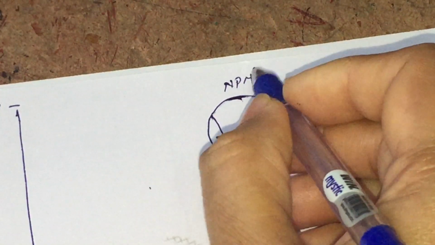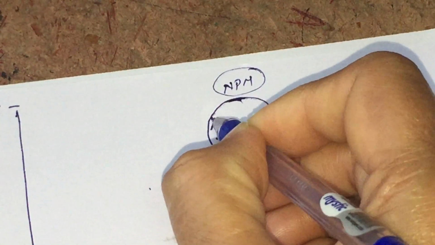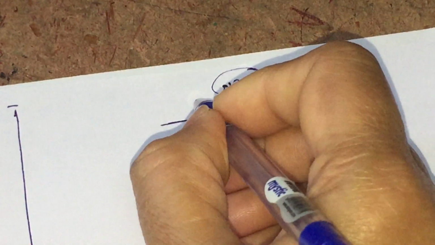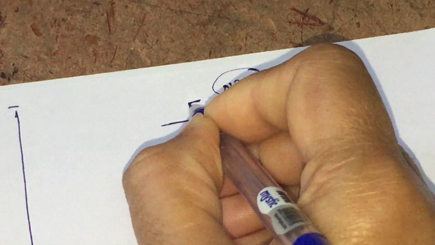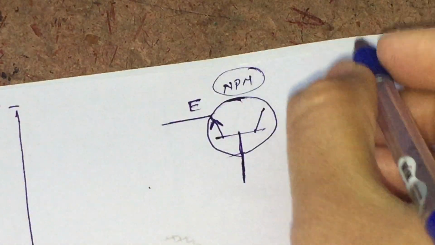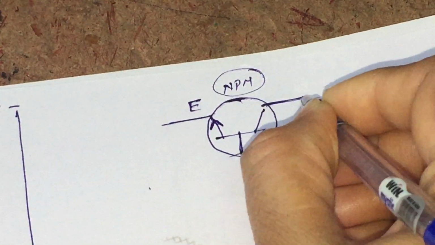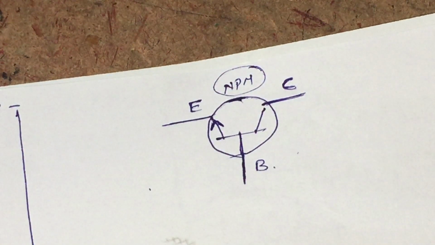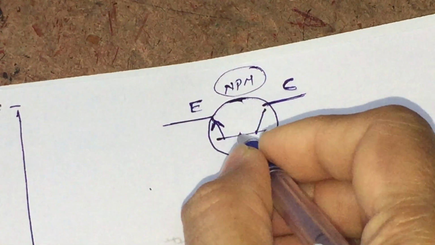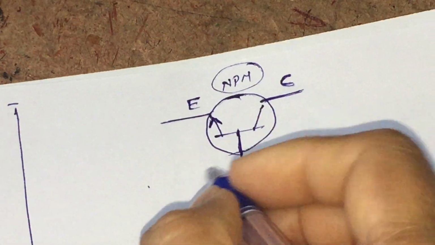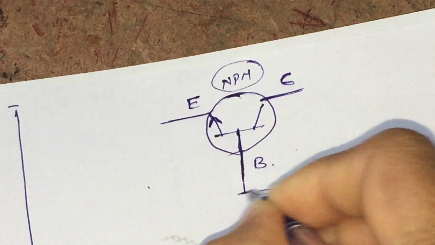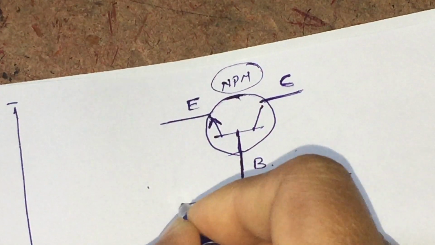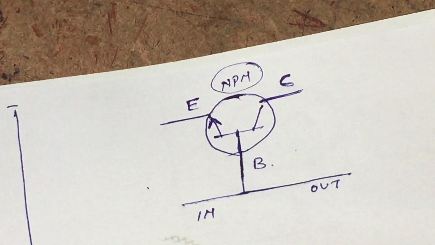As we have taken the NPN transistor, the arrow on the emitter terminal should point outwards. This is our collector terminal and this is our base terminal. Now we have to give a connection to the base in the output as well as in the input side.